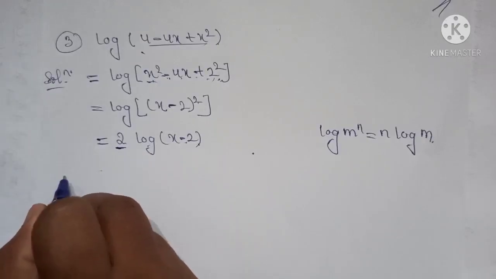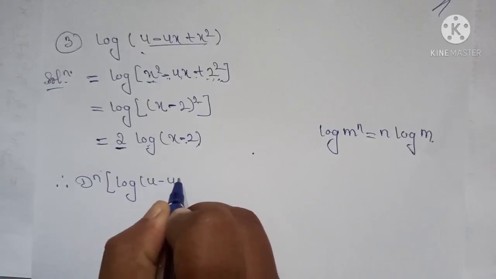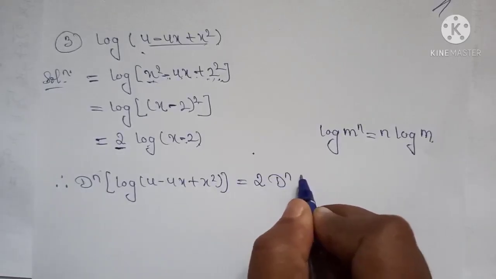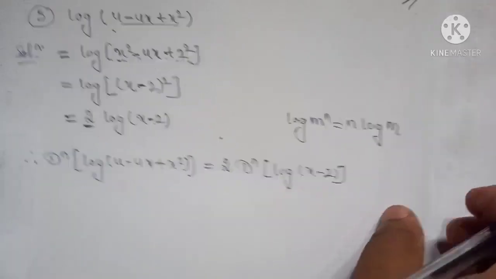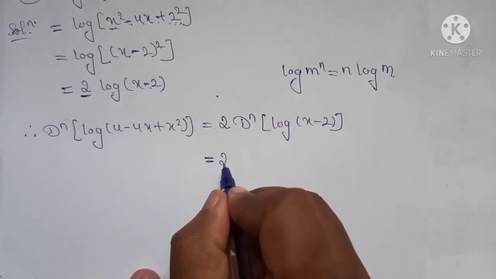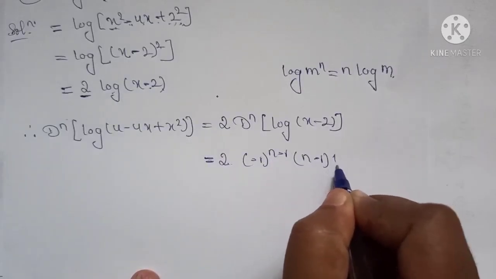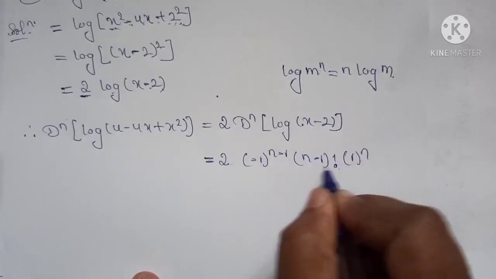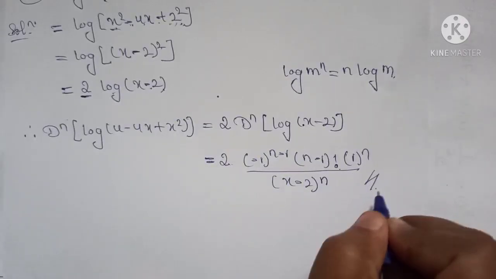Therefore the nth derivative of log of (4 minus 4x plus x square) is equal to 2 times the nth derivative of log of (x minus 2), which is equal to, using the formula, (minus 1) raised to n minus 1, factorial of n minus 1, into a, here a equals 1 raised to n, divided by (x minus 2) raised to n. So this is the required answer.